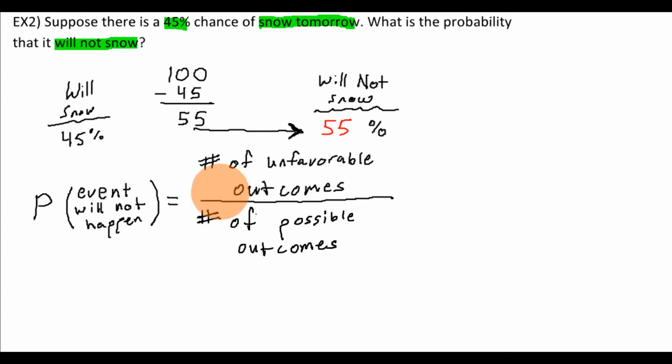Okay, now we can actually break this down and make it a little bit more organized. I'm going to change to a blue pen, and we're going to rewrite this as the probability of, and you can choose some different word. You don't have to use what I'm going to use, but rather than writing this sentence out every time, I can just shorten it so that I can rewrite it as maybe the event won't happen, or an event not happening.